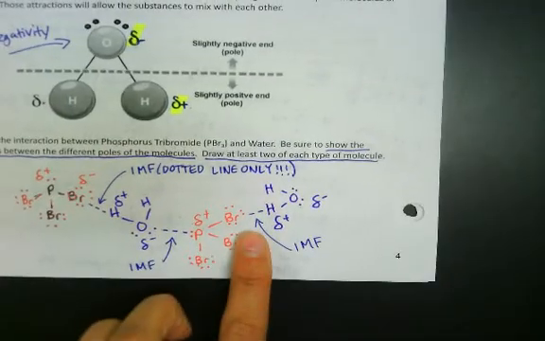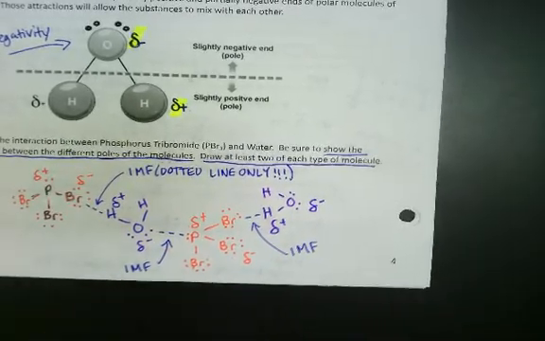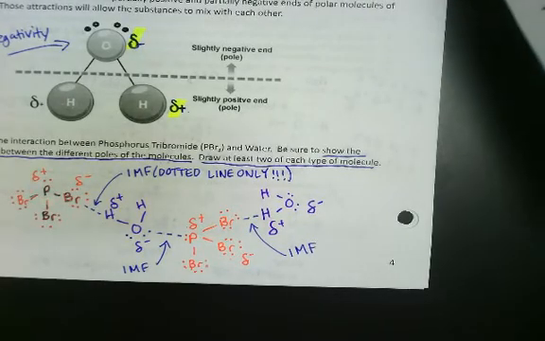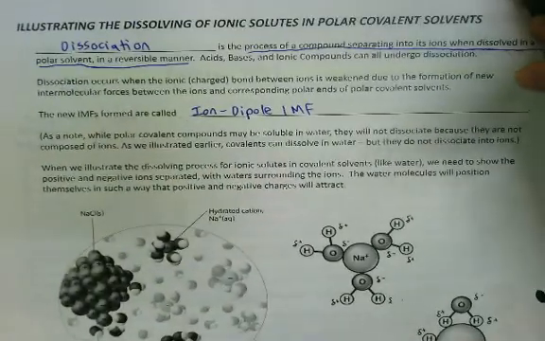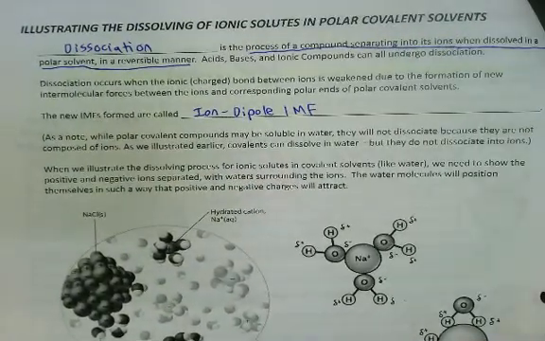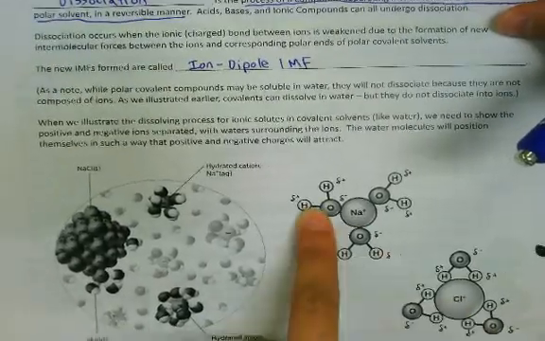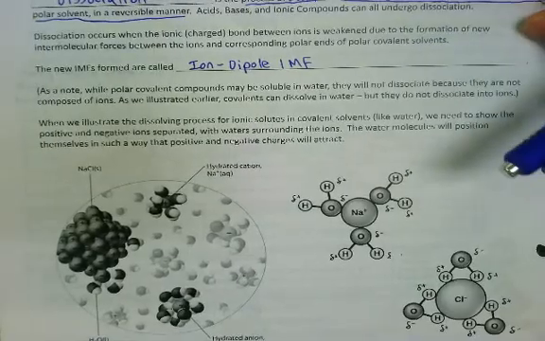They just interact with the solvent in this way. They won't actually separate out into ions because covalent compounds do not consist of ions. They are sharing electrons. But when we look at ionic compounds and polar covalent compounds, we will show the ions forming as this compound is dissociating, okay?